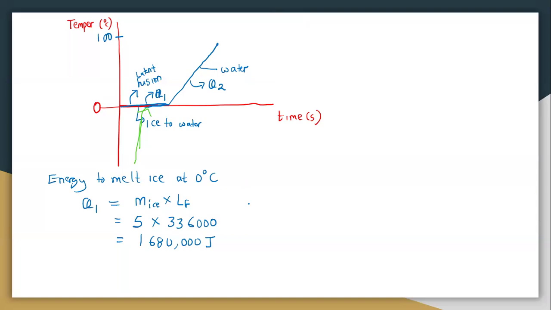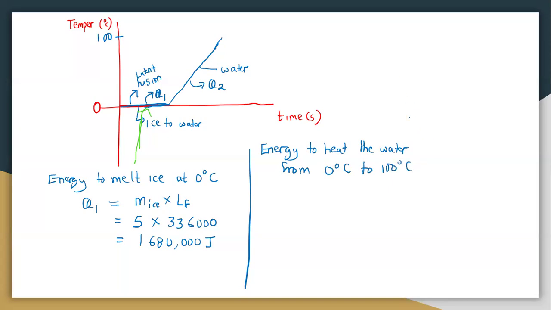The second one is the energy required to heat our water from 0 to 100 degrees Celsius. Now we are going to say energy to heat the water from 0 degrees Celsius to 100 degrees Celsius.